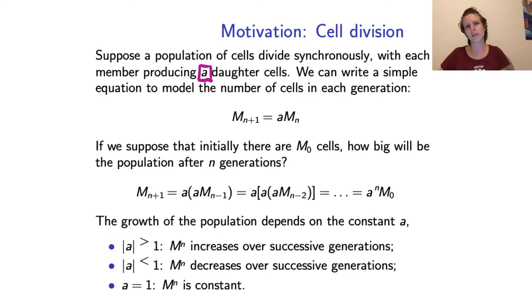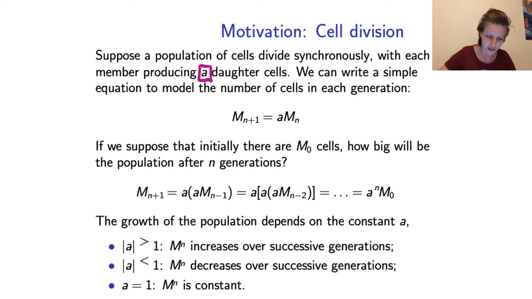And also the mother cell doesn't exist anymore in the next generation, which means that the cells just split themselves, okay? So we can write a simple equation to model the number of cells in each generation.